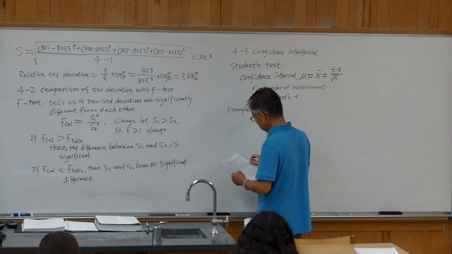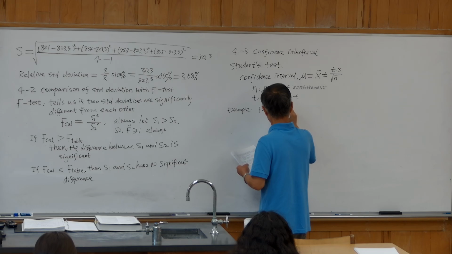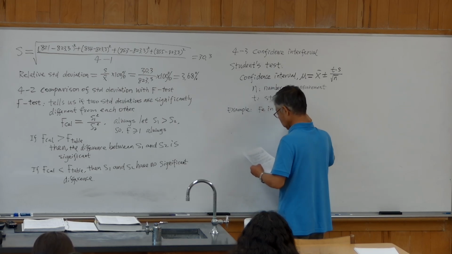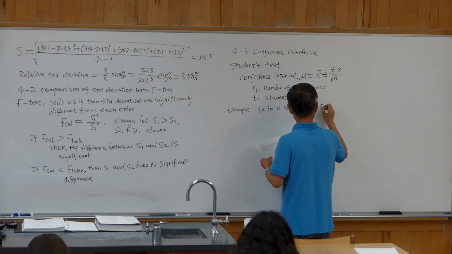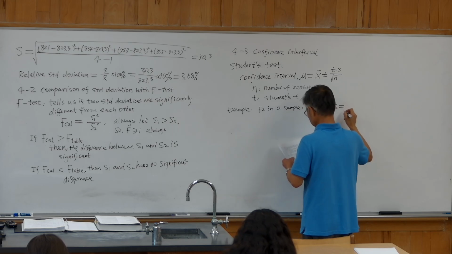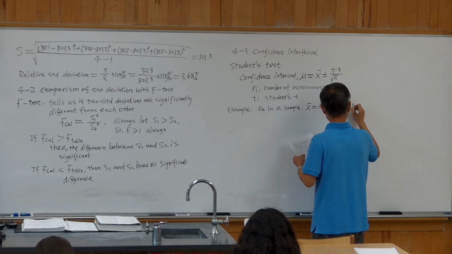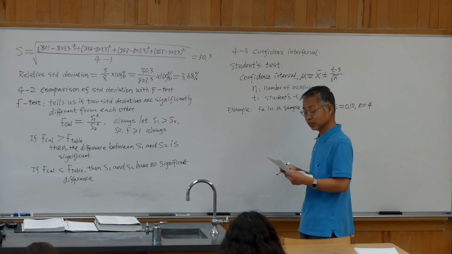If a chemist determines iron in a sample and calculates the average value as 15.30, the standard deviation is 0.10, and he or she repeats 4 times.